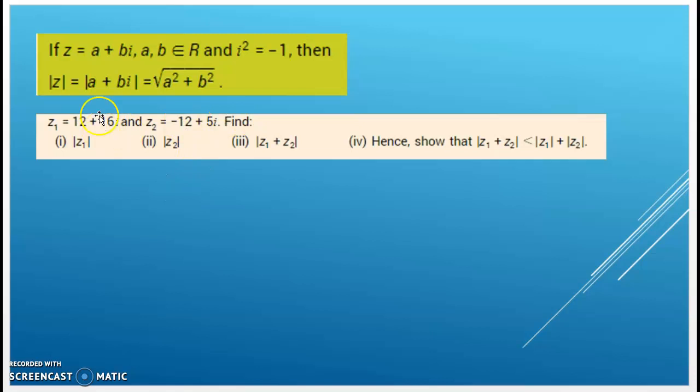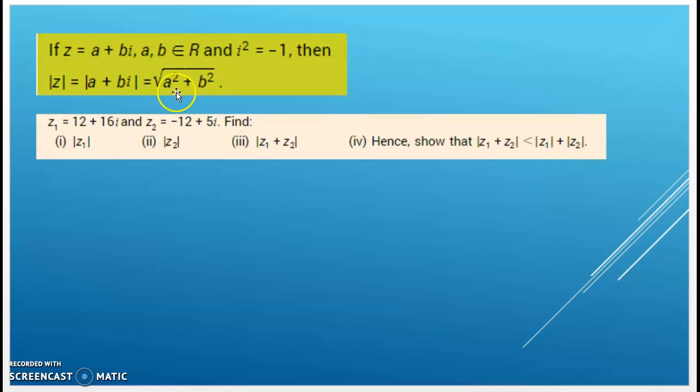Okay, so we're told if z, that's a complex number, is a plus bi, and i squared equals minus 1, that's just the rule of what a complex number is, then the modulus of z, that's the way you read it, is equal to the modulus of a plus bi, which is equal to the square root of a squared plus b squared.